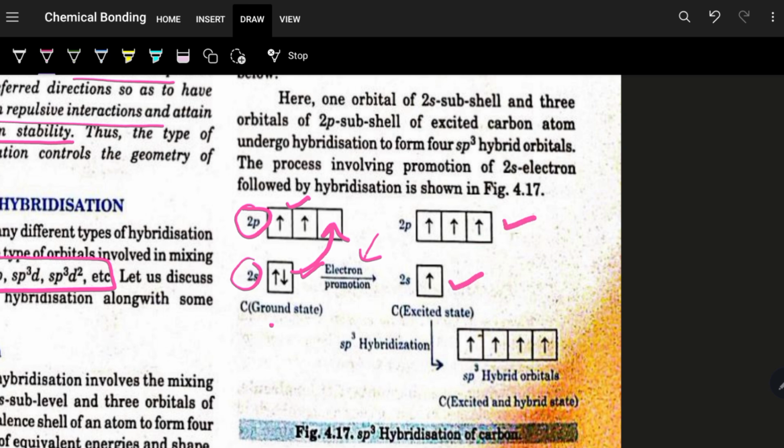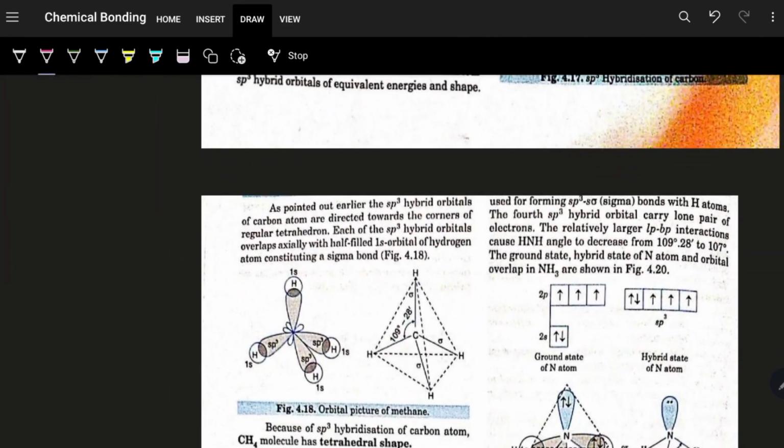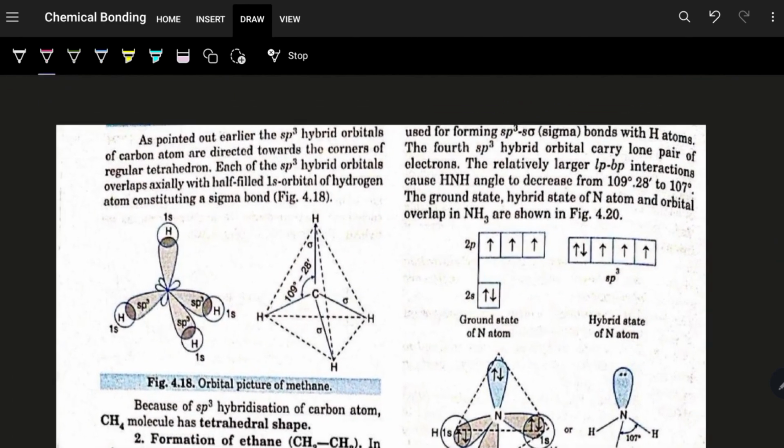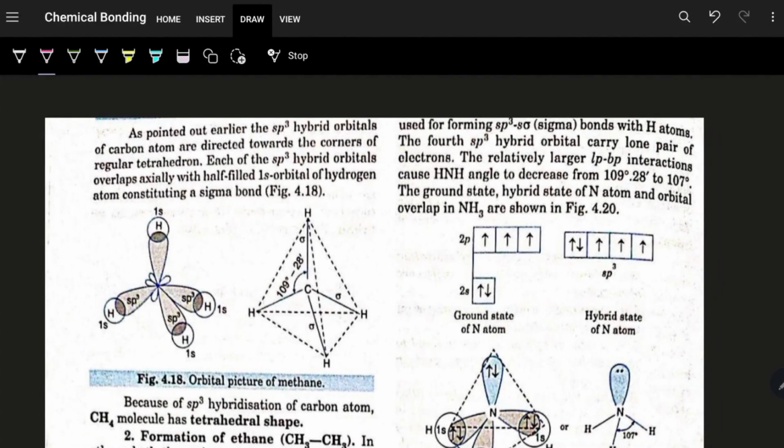So when they intermix, s and 3p intermix in order to obtain sp3 hybrid orbital, and all are similar in energy as well as shape. So this is a tetrahedral geometry, and it almost forms a regular tetrahedron.